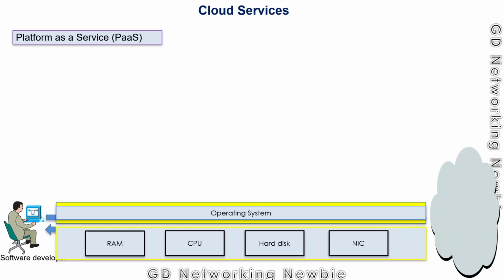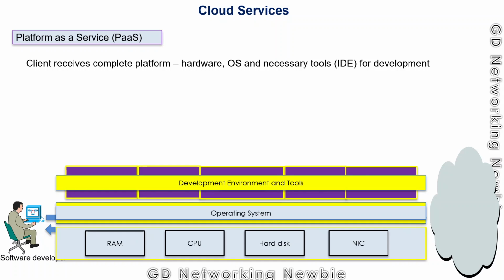But in platform as a service, the service provider also provides the IDE, or the complete development environment required by the software developer. IDE means that if the user is going to develop some game or application program, of course it needs hardware and an operating system, but there is some specific IDE where the user can develop the application.